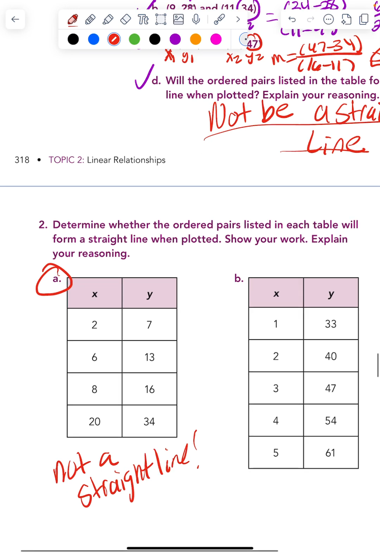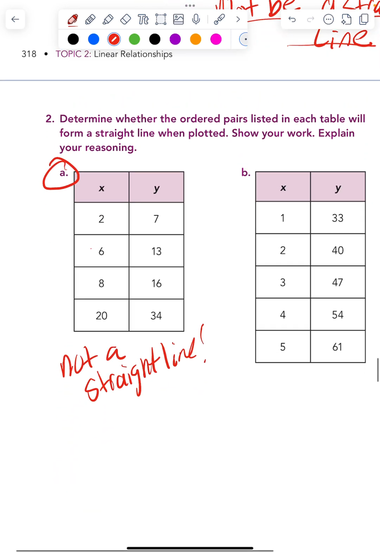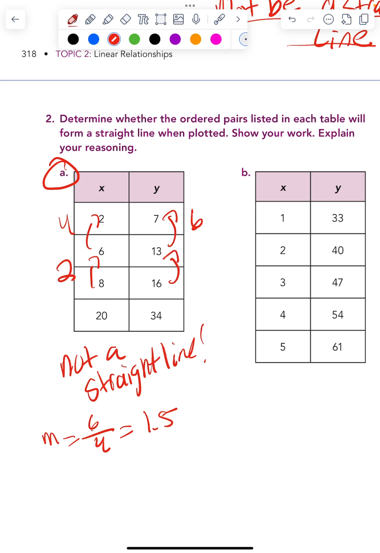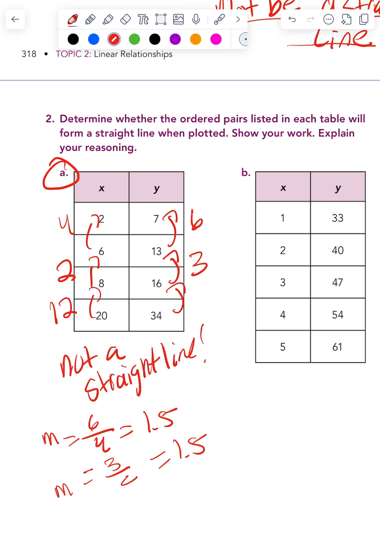However, I could also do it the old-fashioned way, and I could see that's 4, 13 minus 7 is 6, so my slope would be 6 over 4, or 1.5. I could see 8 minus 6 is 2, 16 minus 13 is 3, so 3 over 2 equals 1.5, but this last point is what is killing us. That has a difference of 12. 34 minus 16 has a difference of 18.